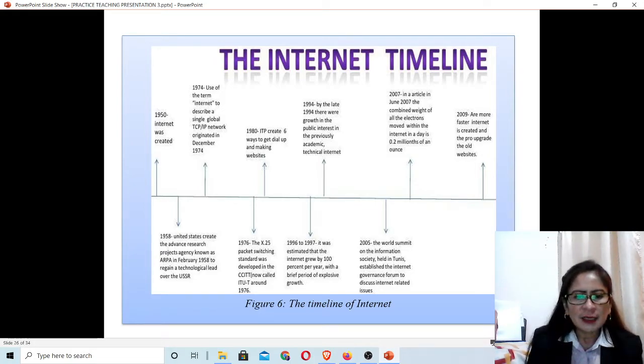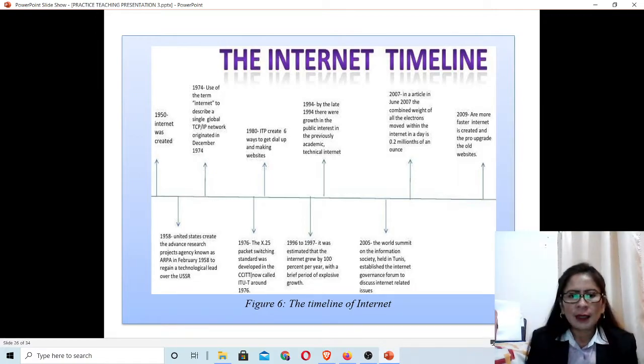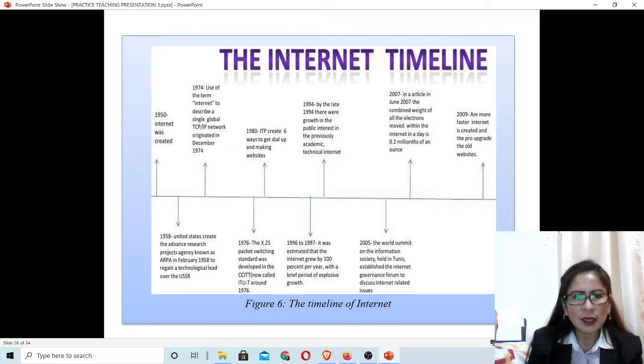In 1976, the X.25 packet switching standard was developed in the CCITT, now known as ITU, around 1976. In 1980, ITP creates ways to get dial-up and make websites.